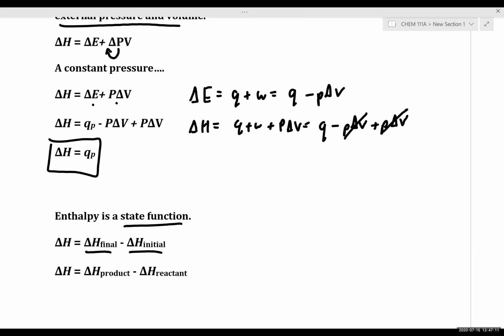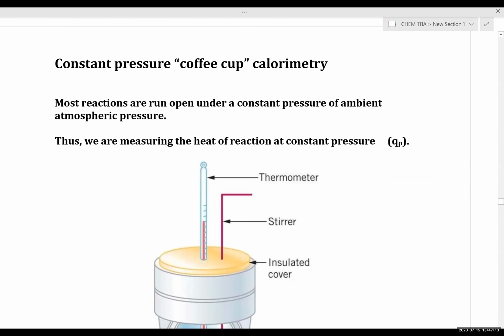Okay, so now continuing on, the way that we measure the heat exchange under constant pressure, the way that we measure enthalpy, is via constant pressure or coffee cup calorimetry. We actually did coffee cup calorimetry last class session. Most reactions that we run on a day-to-day basis are run under the constant ambient atmospheric pressure.